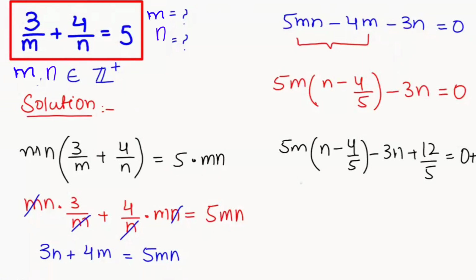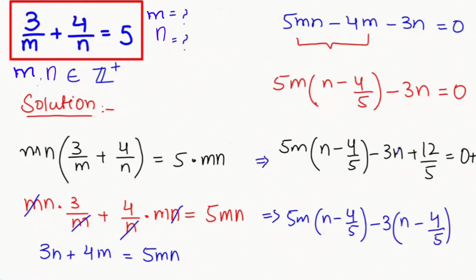Next, I am going to write this term the same, 5m n minus 4 over 5, and here I will take 3 common. 3 bracket, here n is remaining, minus 4 over 5, since minus 3 times minus 4 over 5 gives us plus 12 over 5, equals 12 over 5.